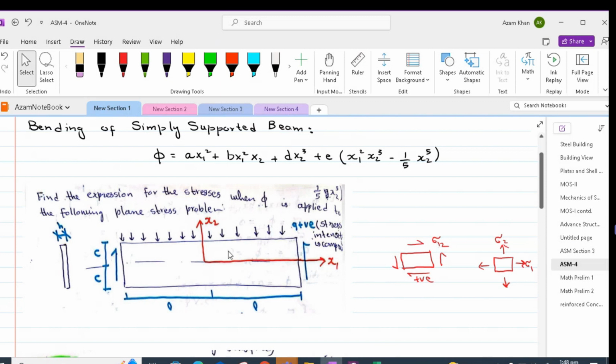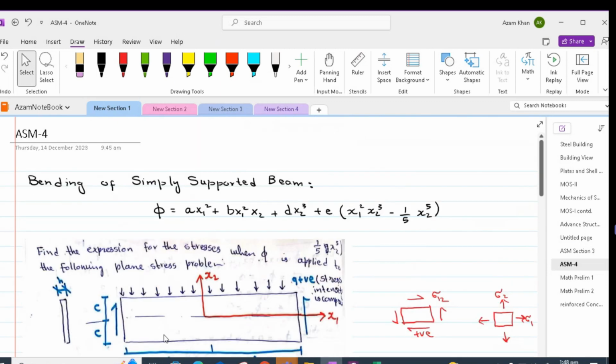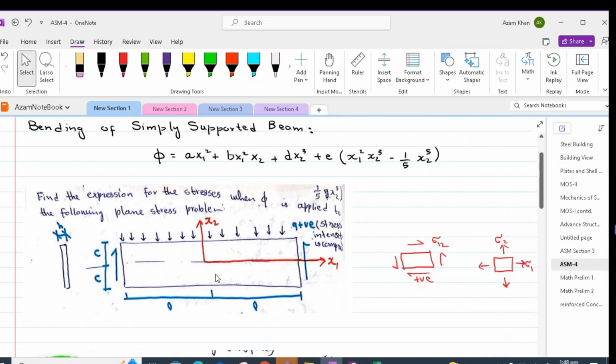Sigma 1 2 at x2 equal to plus and minus c is equal to 0. Thus, on the horizontal side, we have only sigma 2 equal to minus q, and the rest of the stresses are 0, as we can see from this figure.